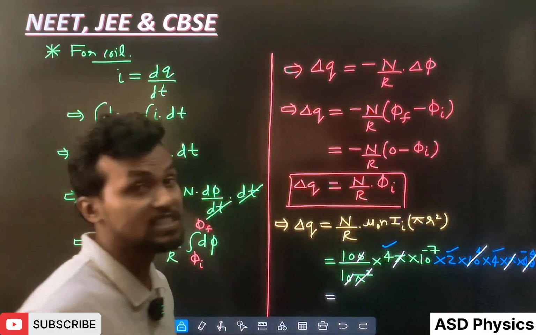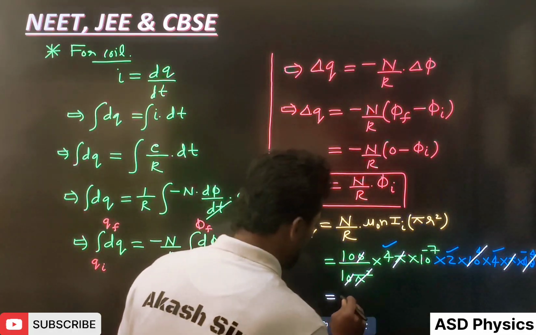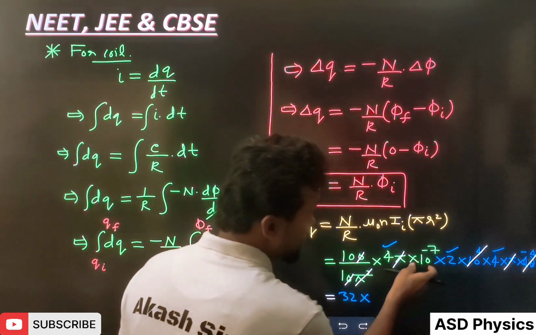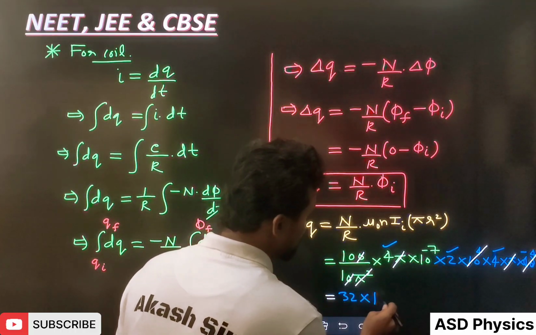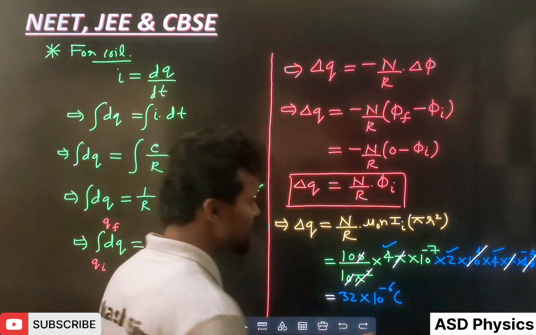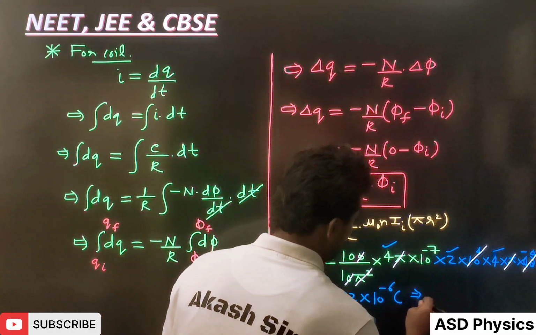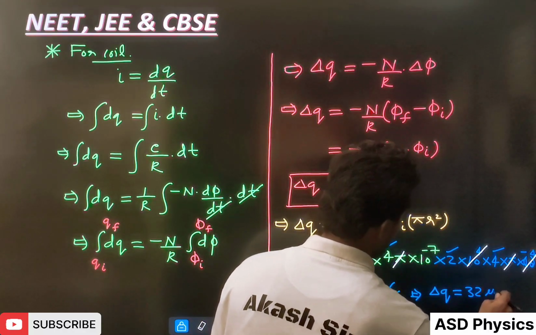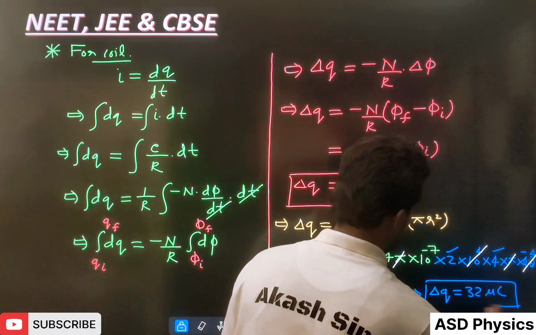So 4 into 4 is 16, 16 into 2 is 32. 32 into 10 to the power minus 7 and here 10, so this will become 10 to the power minus 6 coulomb, that is microcoulomb. That means this delta Q charge flow will be 32 microcoulomb.